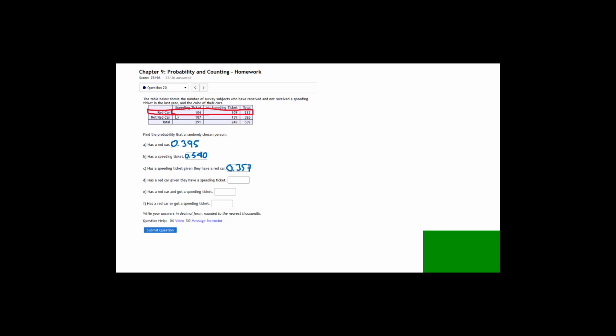So we're looking at this number here, 104 divided by 213. So 104 divided by 213, I get 0.488.